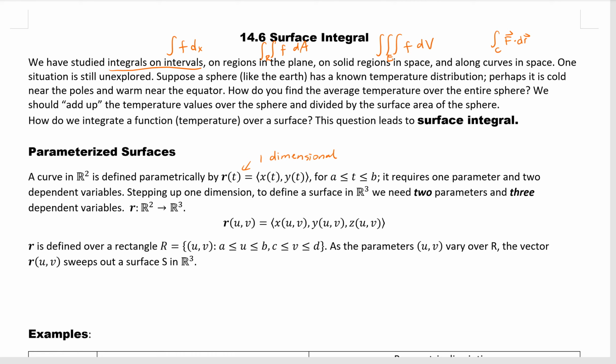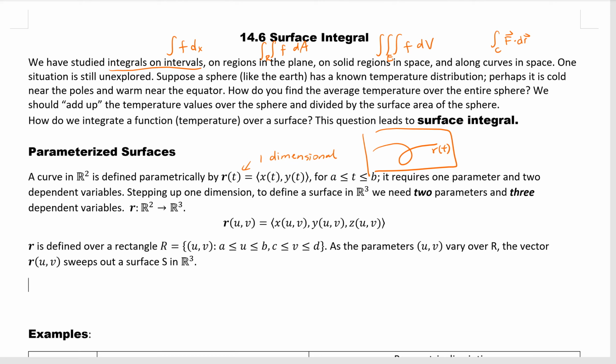This is a curve in the xy plane. Stepping up one dimension, to define a surface in R3, we need two parameters and three dependent variables. So r is now a parameterization from R2 to R3.